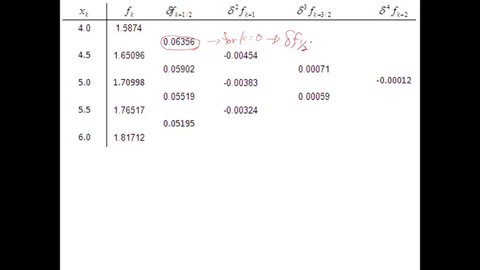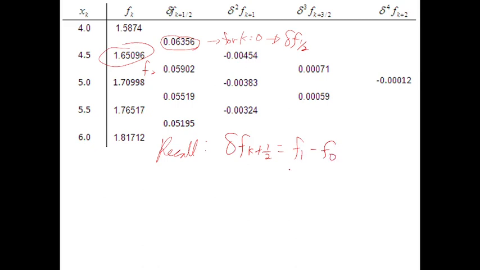And recall that delta f sub k plus 1 half is equal to f sub k plus 1 minus f sub k, so for k equals 0 that is f sub 1 minus f sub 0.